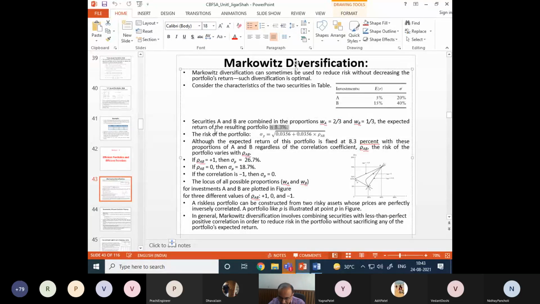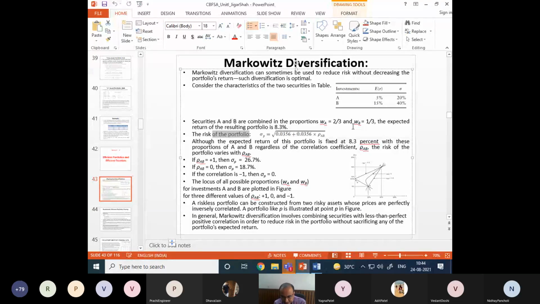I can also find the risk associated with the portfolio, sigma P, using the formula sigma P square equals W1 square sigma 1 square plus W2 square sigma 2 square plus twice W1 W2 into sigma 1 2. W1 W2 are here WA WB. Sigma 1 and sigma 2 are given to you, but sigma 1 2 is not known. So here it is sigma AB, about which I have no knowledge.